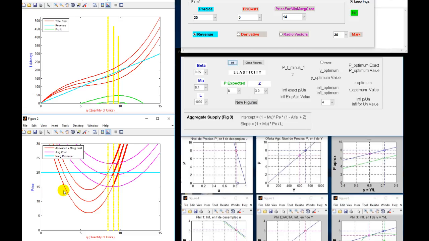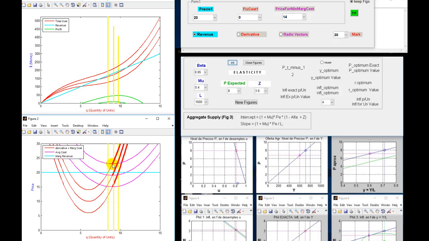So if the costs increase, we can see that now all the time the costs are above the revenue, and here we can see the intersection between the marginal revenue and marginal cost, which is this point right here, lies below the minimum average cost.